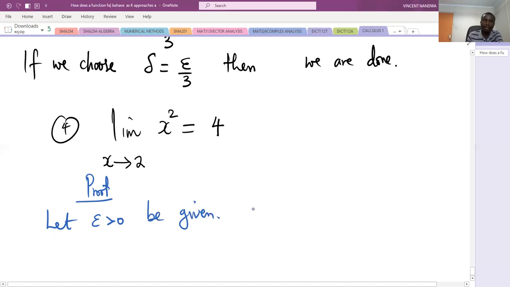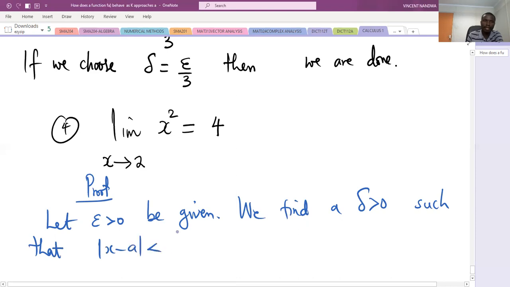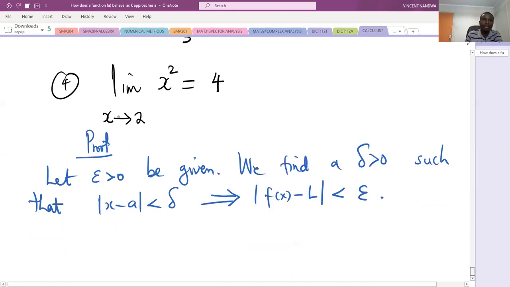So we find a delta greater than 0 such that absolute value of x minus a less than delta implies absolute value of f of x minus L is less than epsilon. So our a for this case is 2. So therefore absolute value of x minus 2 is less than delta.